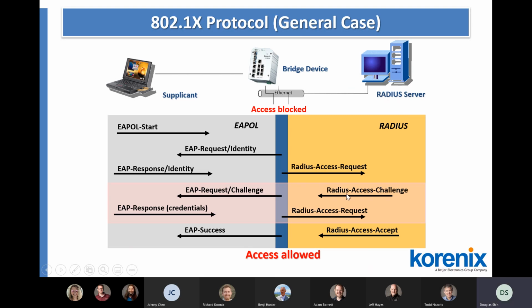The RADIUS server will reply with the RADIUS access challenge to the supplicant. The client will respond to the challenge with the RADIUS server. And the RADIUS server will, based on the access request, reply to feed back whether the access is passed or not to our switches, and our switch will pass the information to the client.